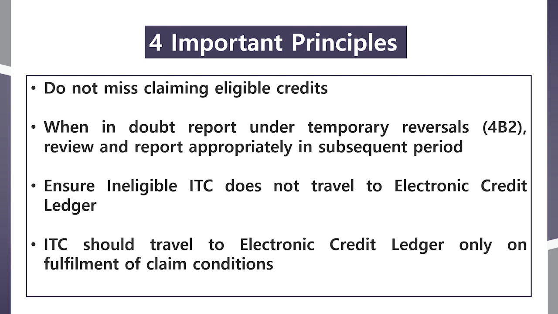So ultimately, whatever reporting approach has been resorted to, what needs to be ensured is whether what travels to my electronic credit ledger annually, considering table 4C values, matches my eligible credits. That is the final equation to be checked, and by and large, if we can ensure this, probably we would be on a safer side.